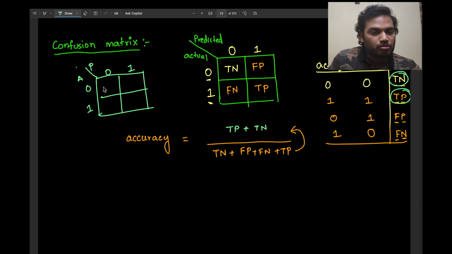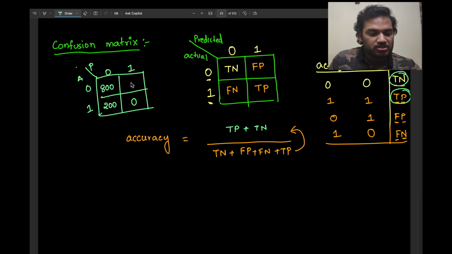For all the 800 points, it is predicting 0, right? So here we'll have 800. And for how many ones is it predicting 1? As the model is predicting everything to be 0, for actual output 1 also it is predicting 0. So there are 200 misclassified points over here, and these are called false negatives.